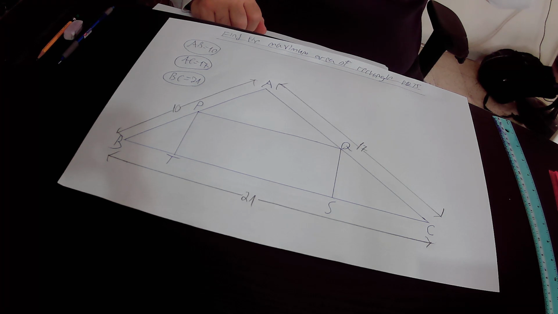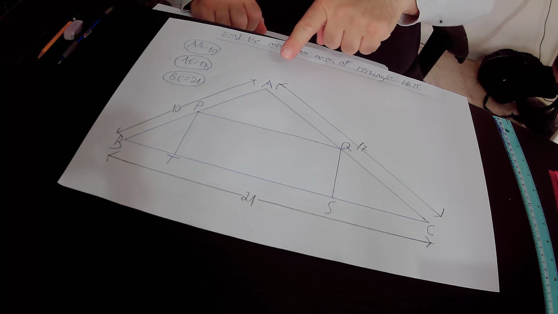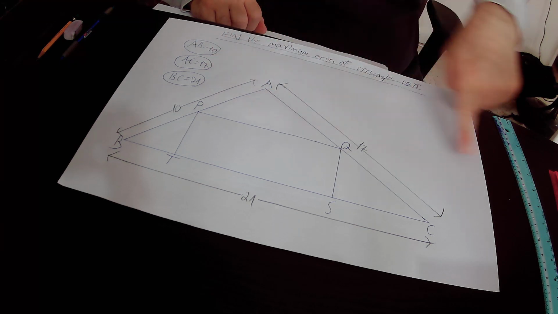Okay, so in the first step we do a construction. From point A we draw a perpendicular on PQ.